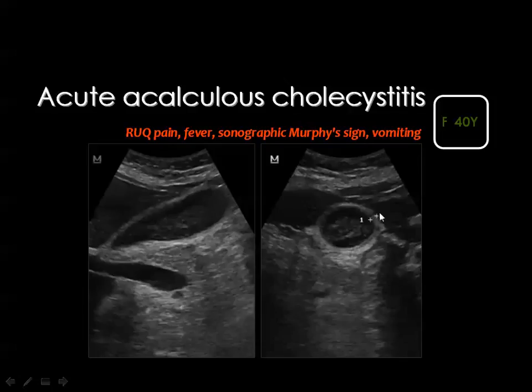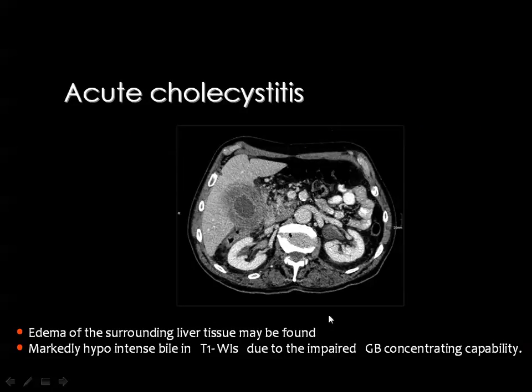And you remember that the major findings should include thickness of the gallbladder wall and the presence of some fluid around the gallbladder. And this is a good example by CT showing a case of acute cholecystitis.